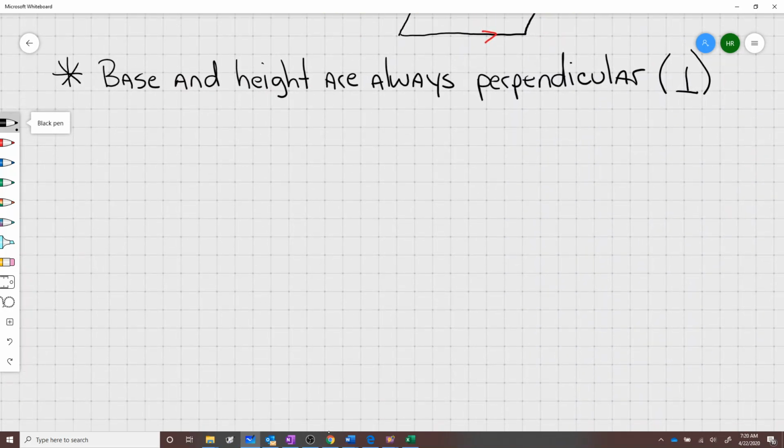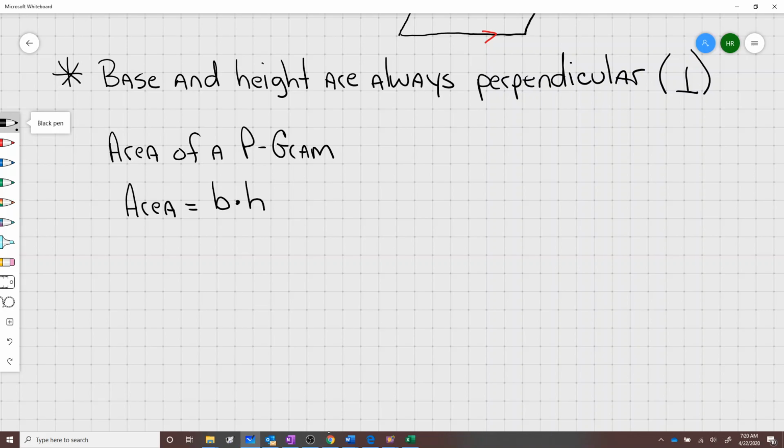Alright, so let's talk about the area of a parallelogram. The area of a parallelogram is the product of the base and the height. Okay, so area is equal to base times height.